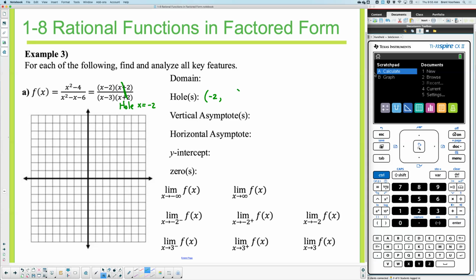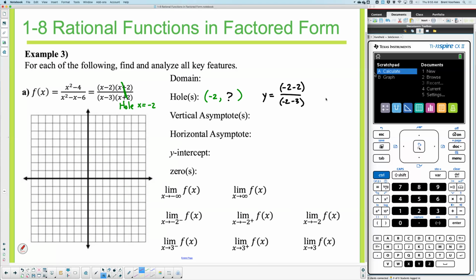Now, we don't know the y value. Do y'all remember? How is it that I find the y value? Do you remember what to do? Plug in -2. Plug in -2 to what's left over. So I'm going to say y equals, and I'm going to plug in -2 to what's left over. I have a -2 minus 2 over -2 minus 3. Whoops. -2 minus 3.